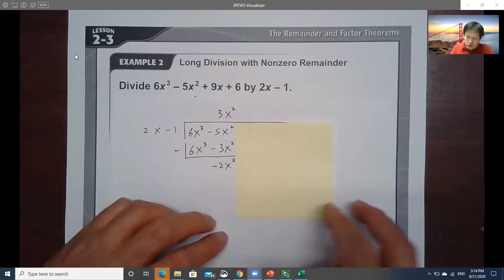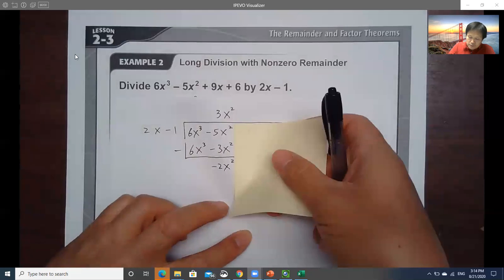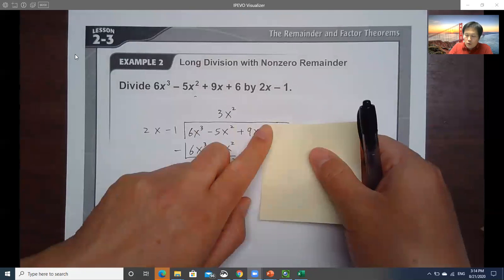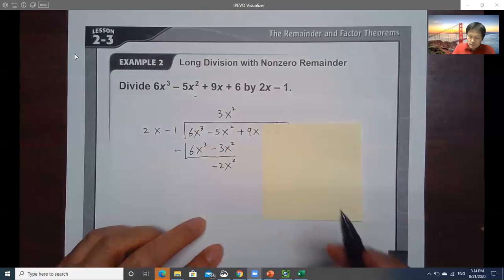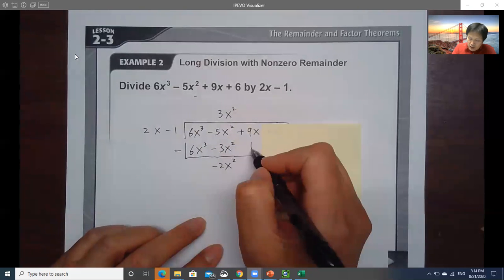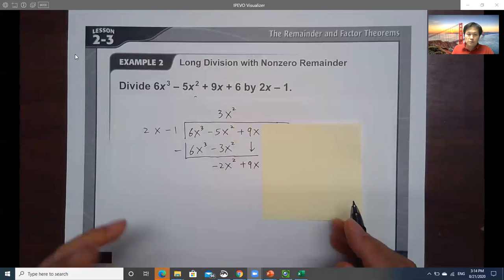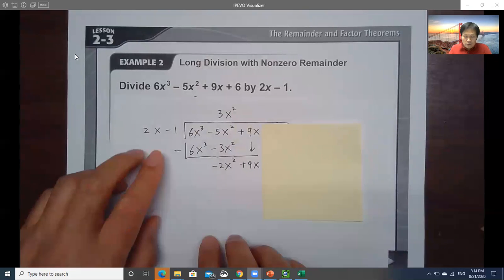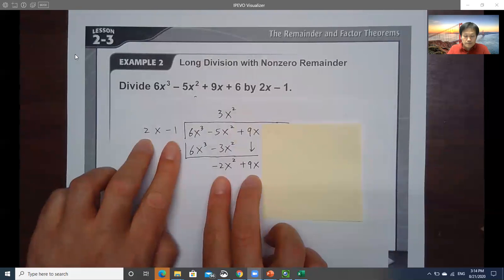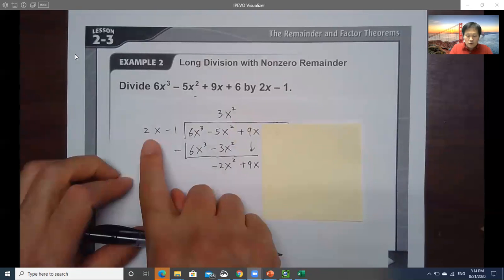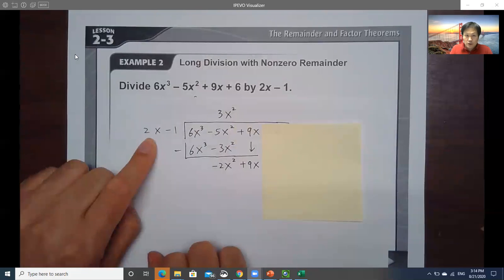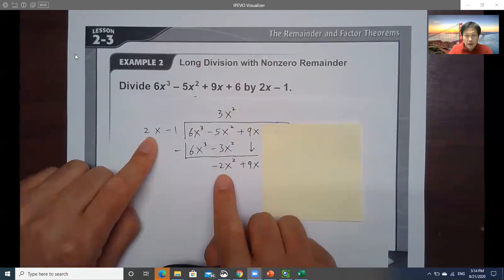So once you are done with that cycle, you are bringing down one more term, plus 9x. Then you are repeating all over again. Again, we are dealing with these two terms. Focus is, what do I multiply to the first term here, 2x, so that it matches minus 2x squared?